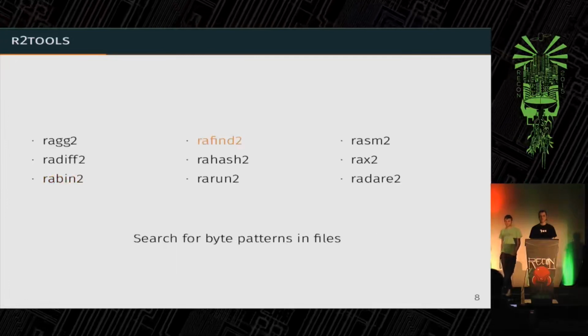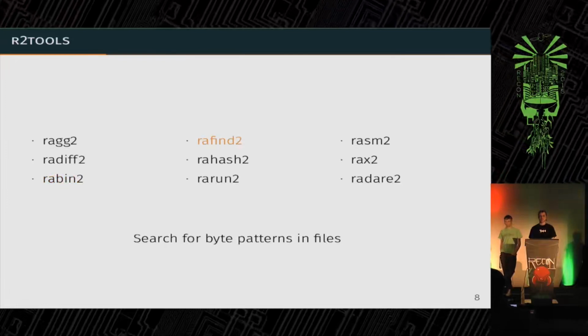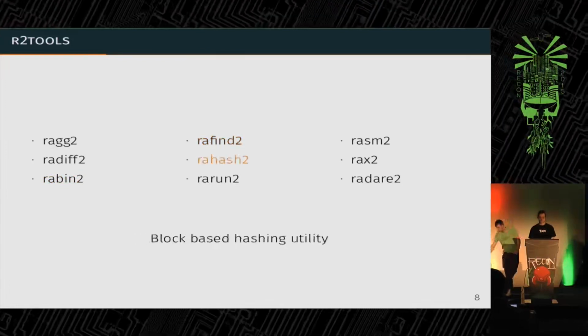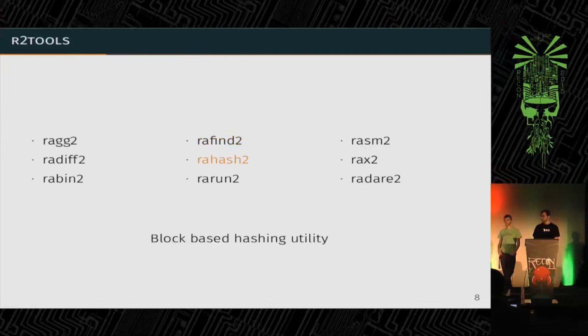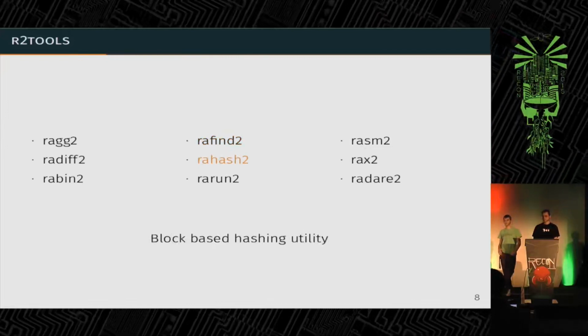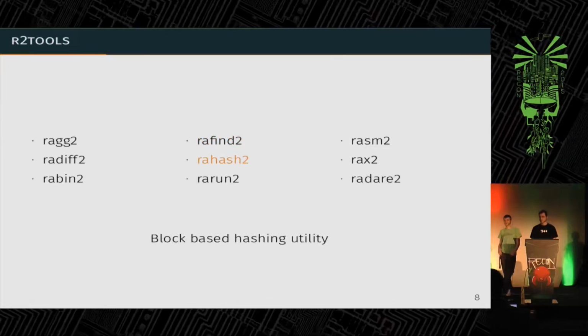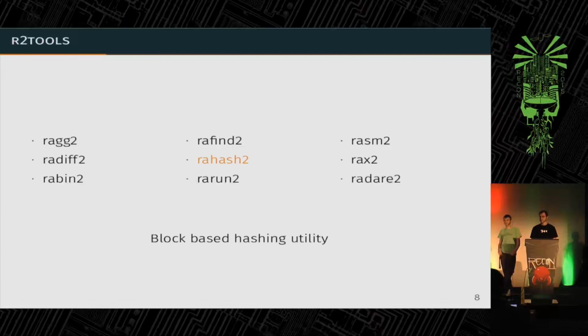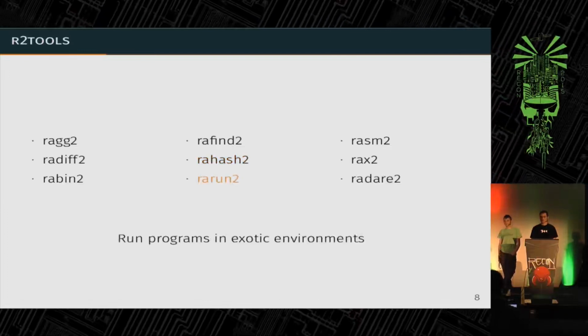Rafind is used to search patterns in files, like you can use it when you are reversing firmware, for example. Rahash2 is a block-based hashing utility. It can do MD5, SHA-1, SHA-256. Basically, if you want to compute a hash on blocks of a file or an entire file, it can do this.